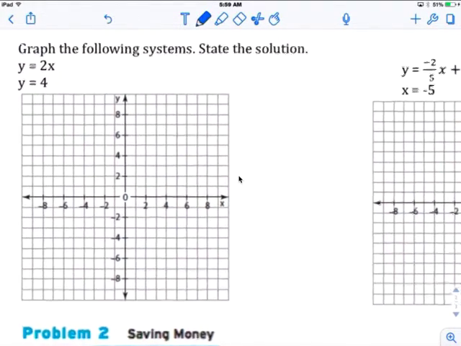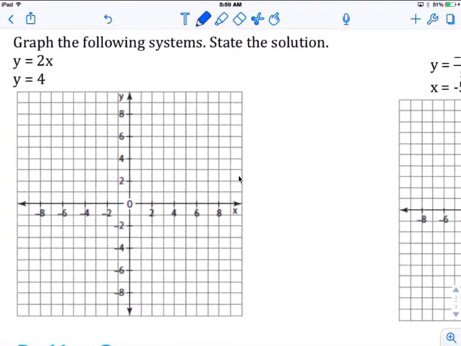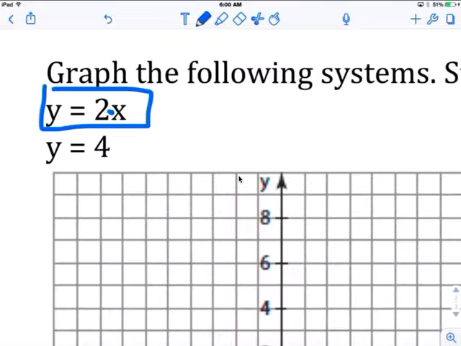Graph the following system, state the solution. This is y by itself equals 2x. 2 is the rate of change because of x. So you're going 2 over 1. Where do we start at? Well, you start out at 0.